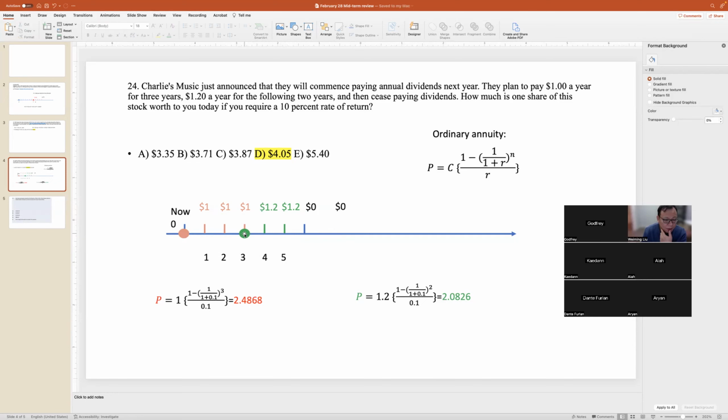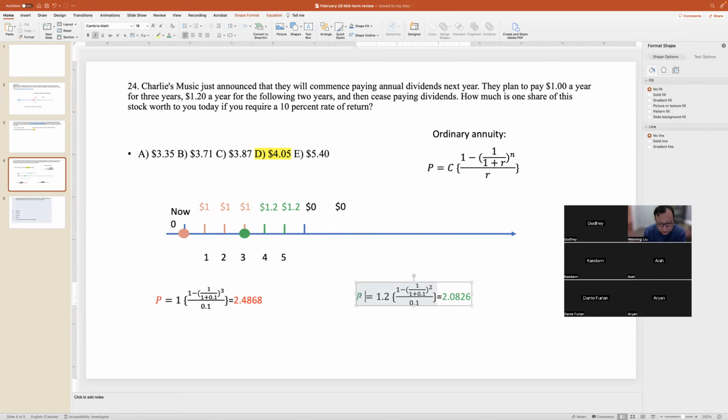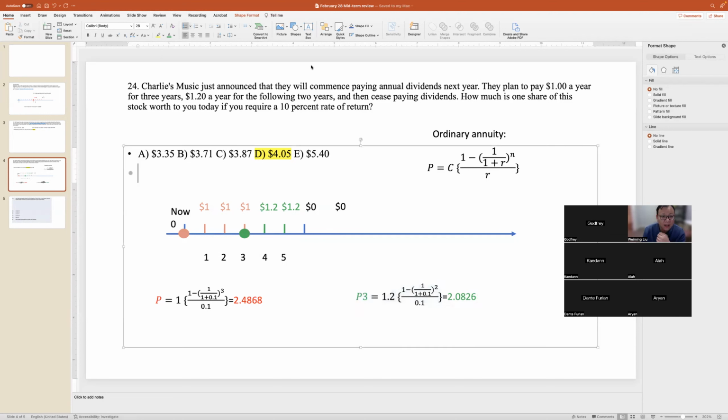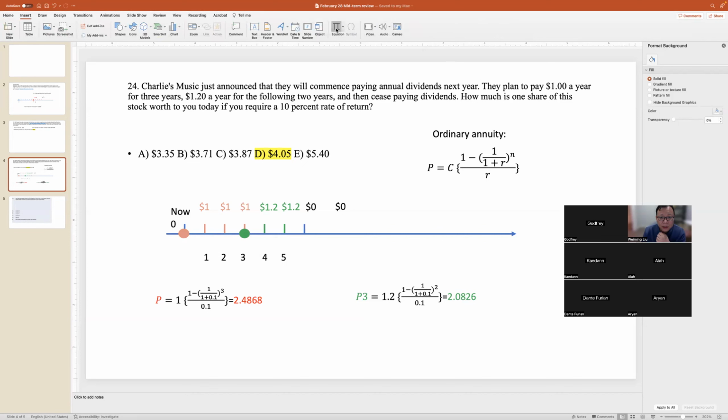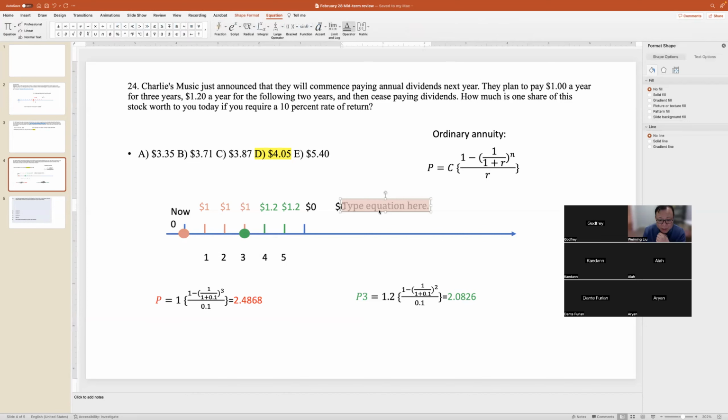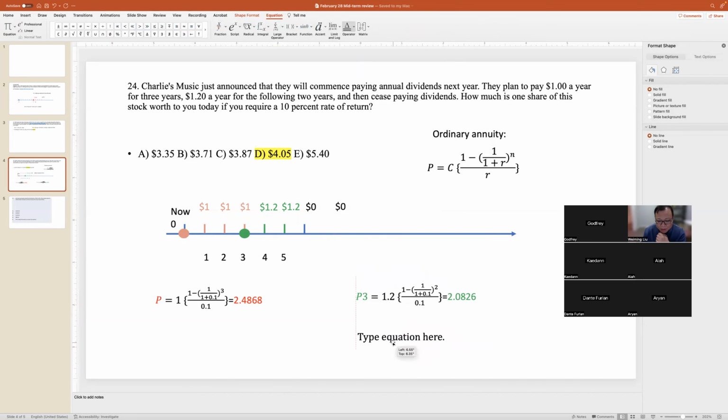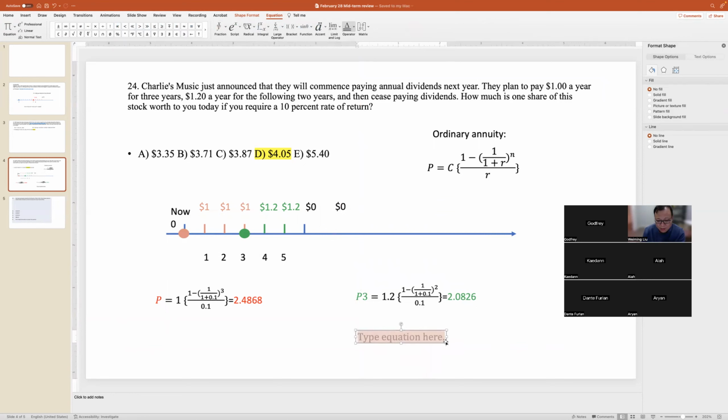So this is actually a P3 here. And of course, you're gonna calculate P0 in green.